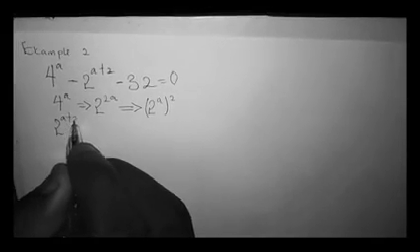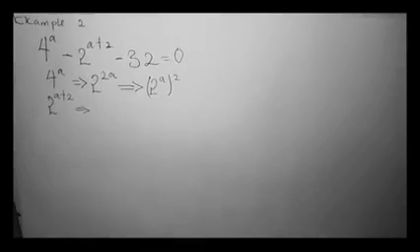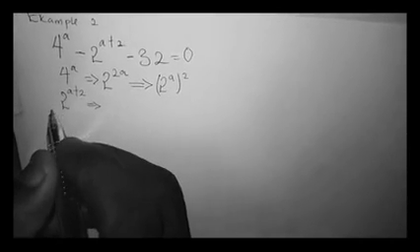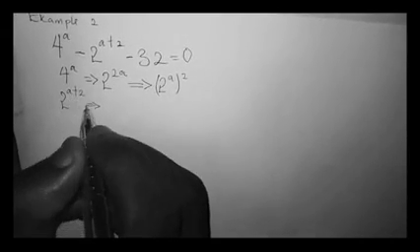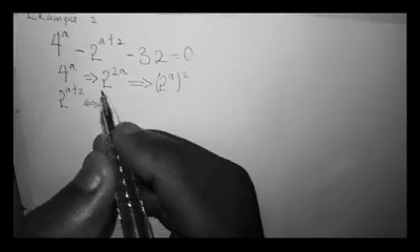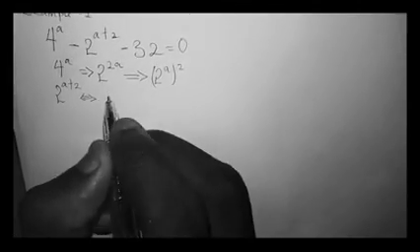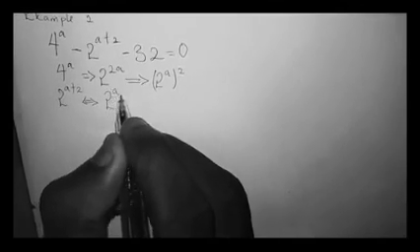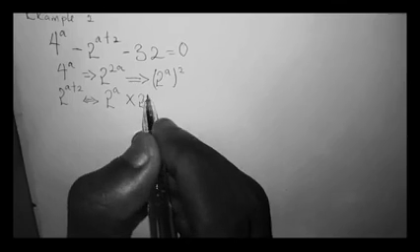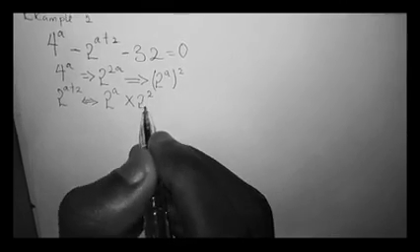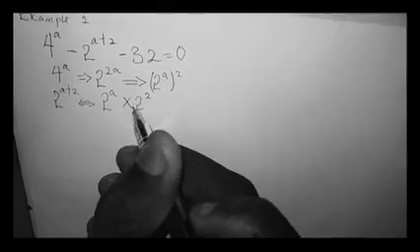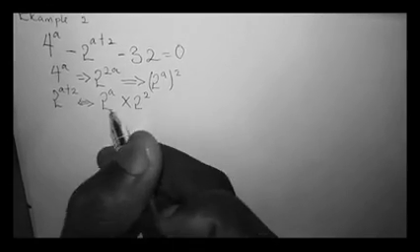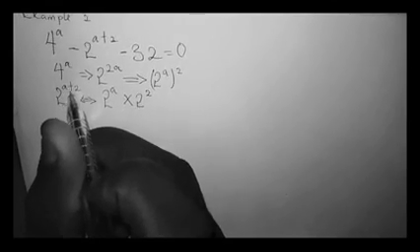We can write 2 raised to power a plus 2, applying the first law of indices, which is the multiplication law. If you apply the multiplication law here, that will be 2 raised to power a times 2 raised to power 2, because in the multiplication law, if you have the same base, you choose one and we add the power.